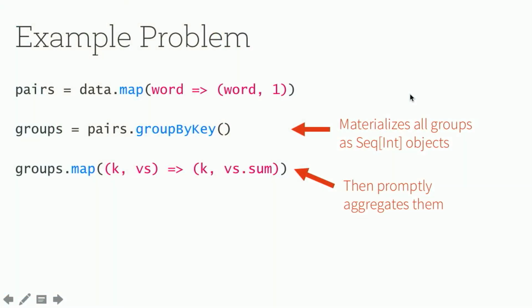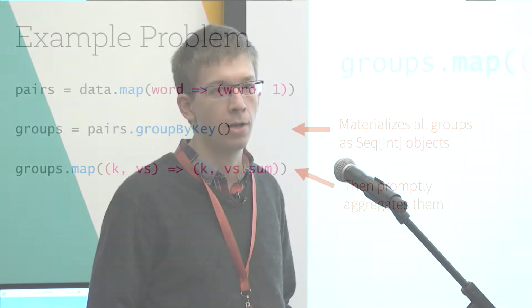That's really inefficient, because for this particular task of word count, if we knew we were just going to do a sum, it would be better to do the aggregation on each node first and then group them together, or to not materialize this in memory but start adding them up as we read them. So that's something that we lose out on.